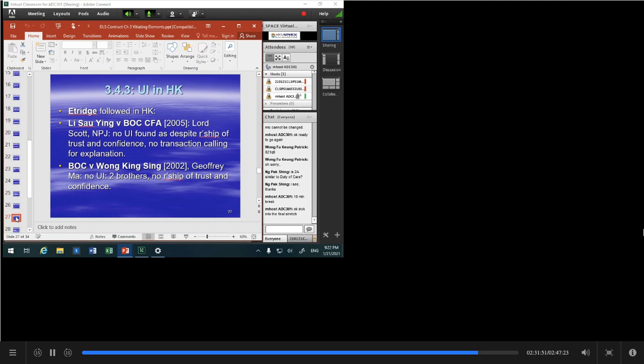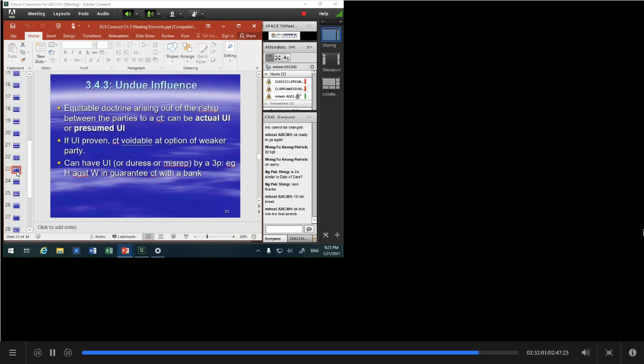Two types: actual undue influence, very difficult to prove, but if you can prove it, the contract is rendered voidable. In both Aboody and Pitt, they were able to prove actual undue influence, but in Aboody, the law unfortunately also had the requirement that the transaction had to be to that person's manifest disadvantage.